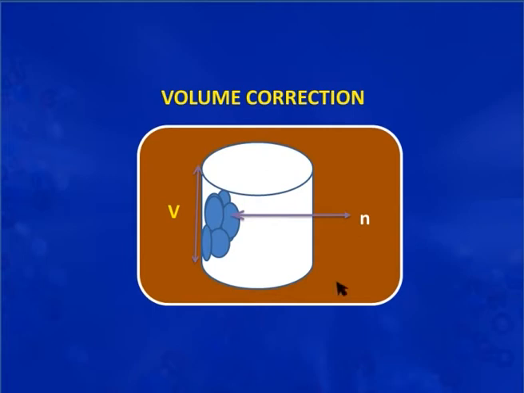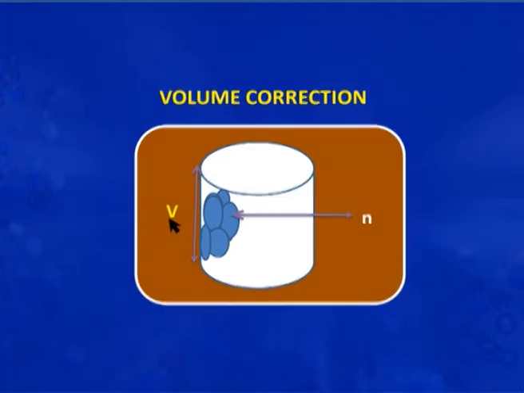Now, let us do the volume correction, because real gas molecules have some volume. Let us consider n moles of gas placed in a container whose volume is V. If the volume occupied by the molecules themselves is negligible, in that case the space which molecules are free to move is equal to capital V. This is the volume of the container.